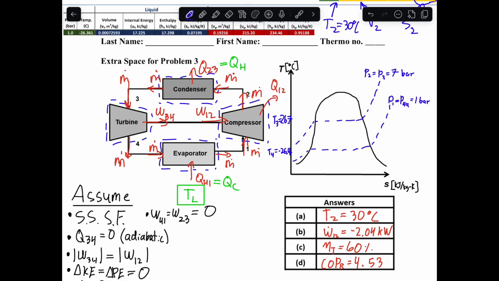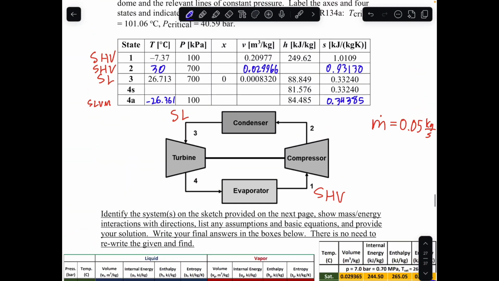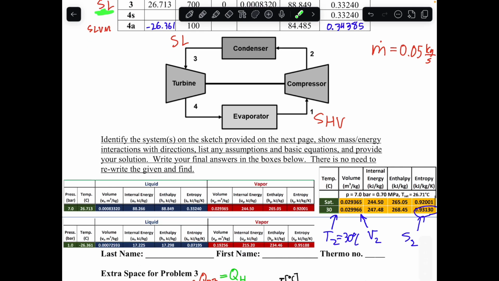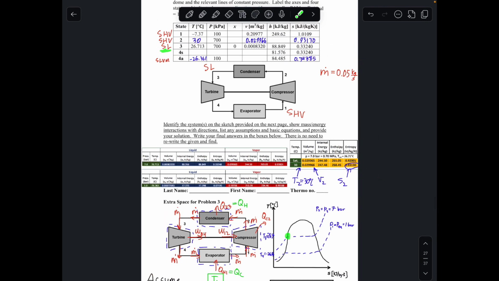Okay, and then let's fill in the other temperature values that we know. Again, we know that state 3, where we just drew in that temperature, will be in the saturated liquid region. So that means that at state 3, I'm drawing here on the graph, we should be along this saturated liquid line.